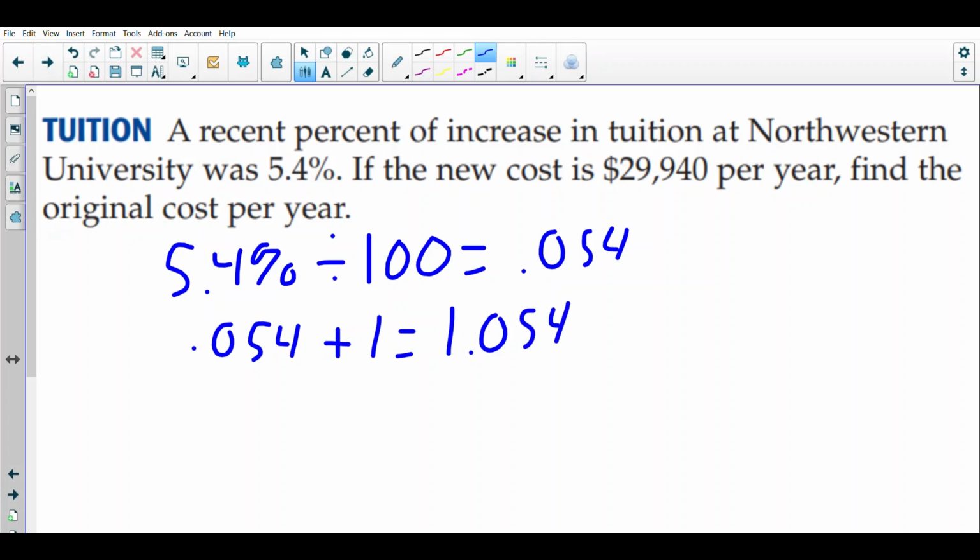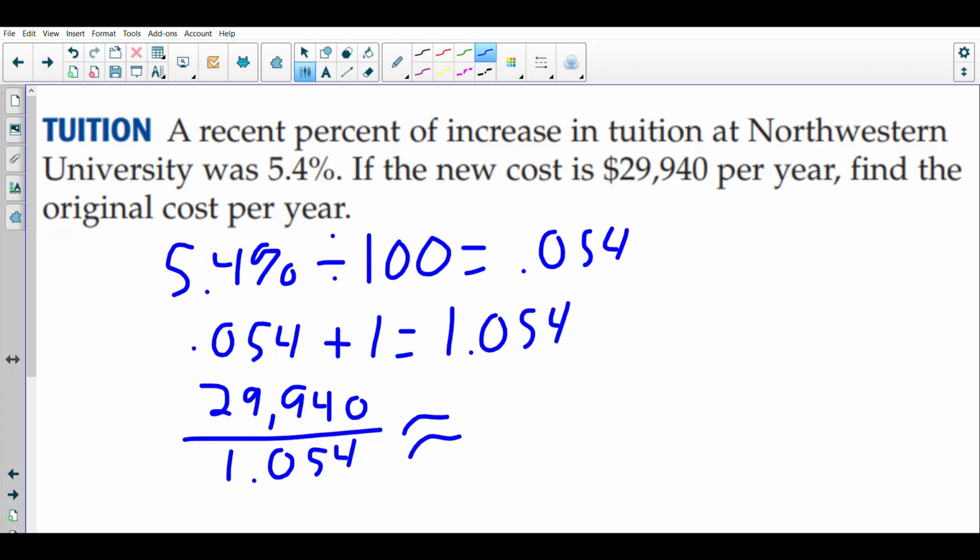From there, we follow the next step, and we take 29,940 and divide it by 1.054. In this case the numbers are kind of tricky, so grab a calculator. 29,940 divided by 1.054, and we round to the cents.